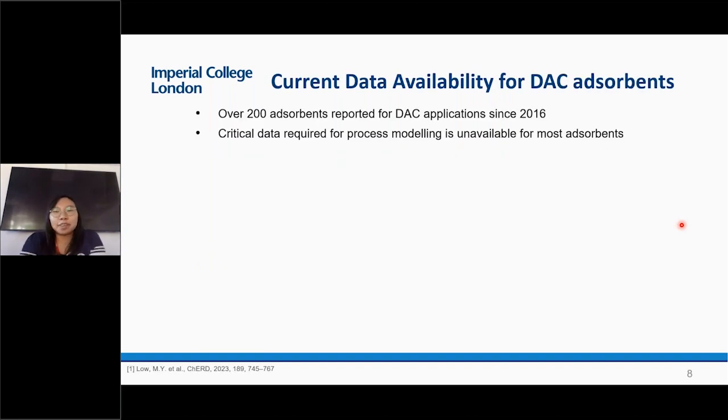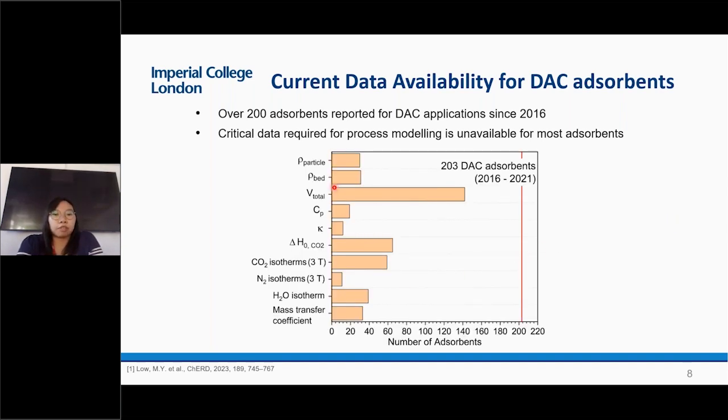Right, so in terms of, again, back to adsorbents for DAC, since 2016 there have been over 200 adsorbents reported in the literature. But the main issue is that a lot of the critical data, a lot of those key parameters that I discussed previously that are needed for process modeling, are unavailable, not reported for most of these materials. Here we have a graph where on the y-axis is a list of the different parameters I discussed earlier, and the x-axis shows the number of adsorbents that these parameters are available for.